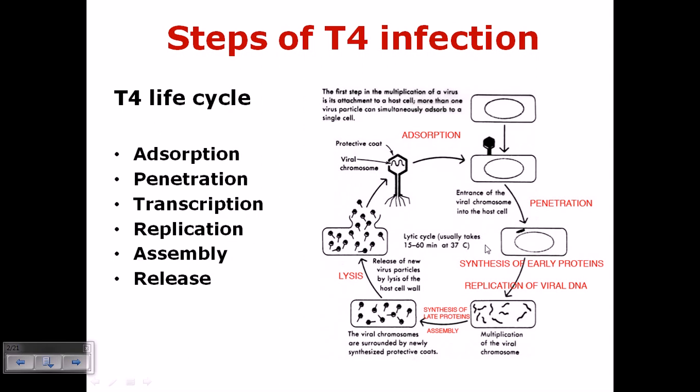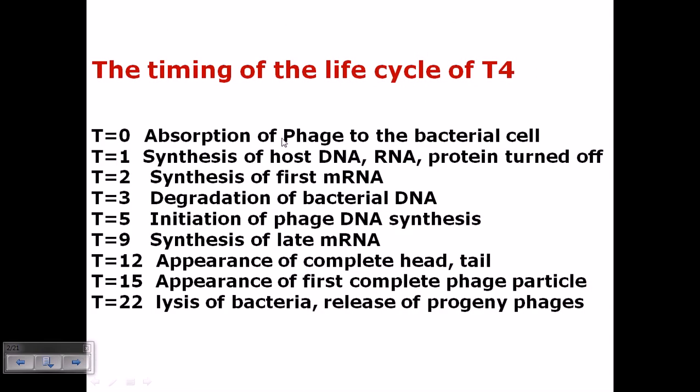After the assembly is done, they will be released outside by creating a burst or lysing the host cell membrane. Okay, so these are the sequential stages of how the T4 life cycle occurs. So let's talk about each of these different stages in detail in the future slides.